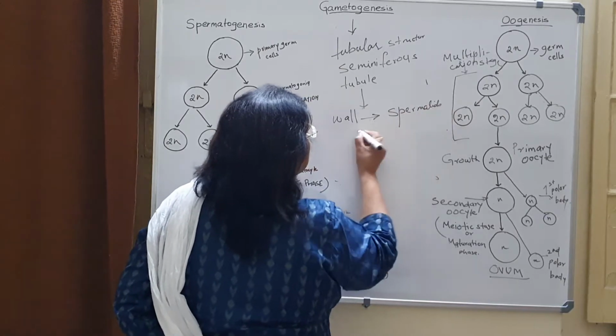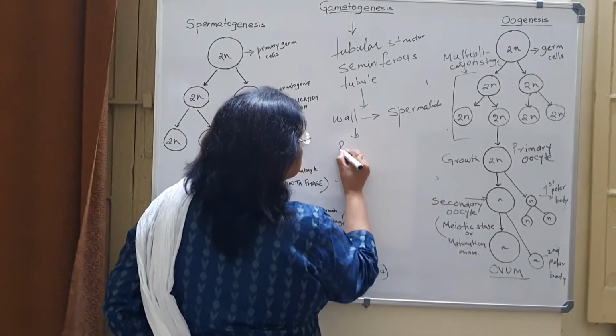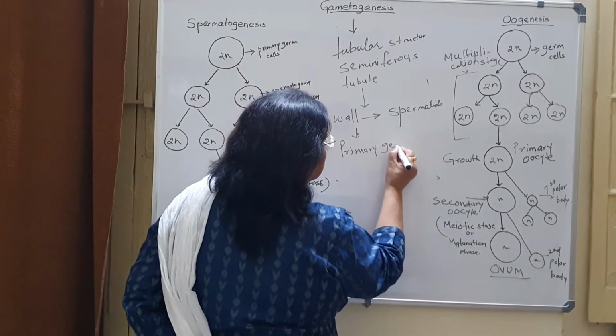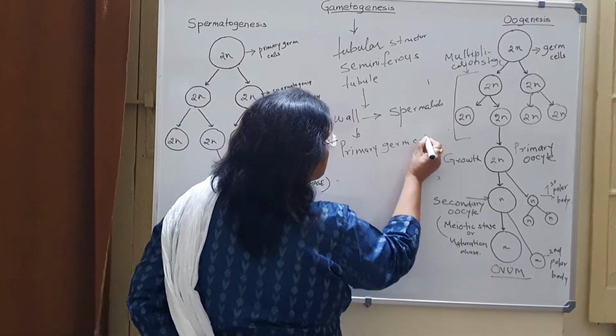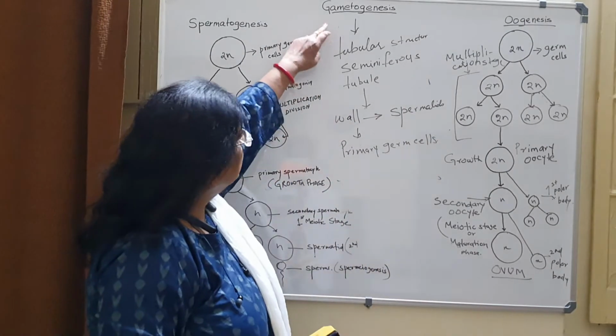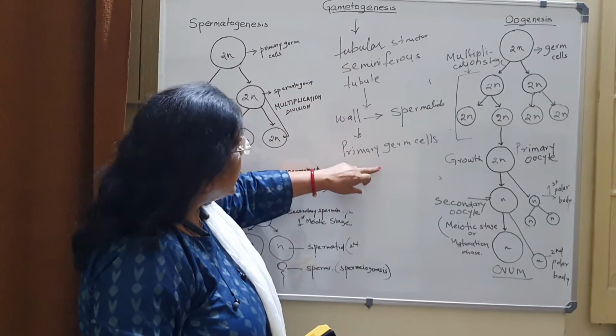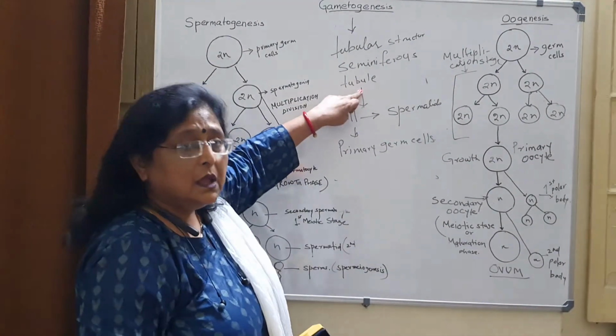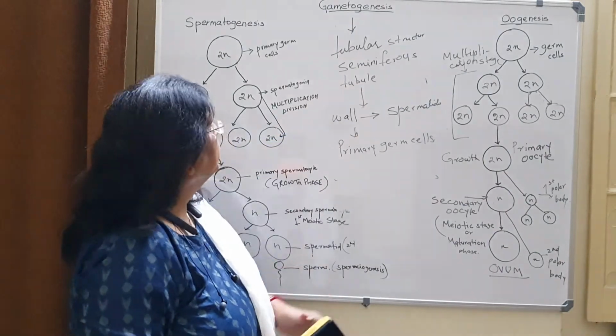These wall cells are known as the primary germ cells. So you can see the process of spermatogenesis starts from the primary germ cells present in the seminiferous tubules.